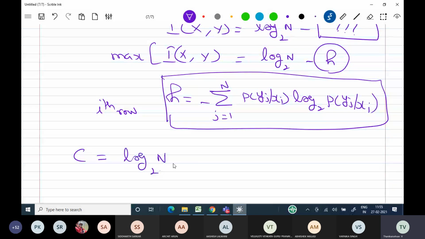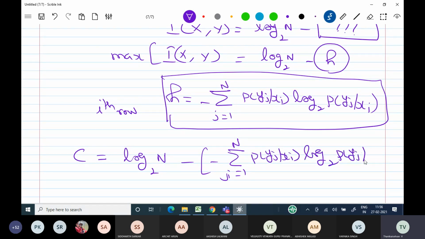Log N base 2, the maximum destination symbol entropy value, minus summation over j equal to 1 to capital N of P(yj given xi) log base 2 P(yj given xi). So this is the formula for channel capacity of a symmetric channel.